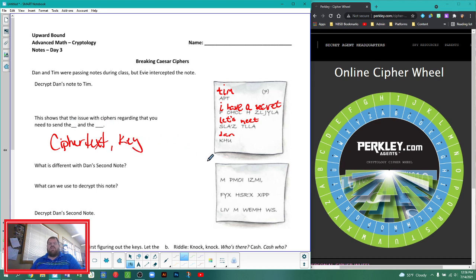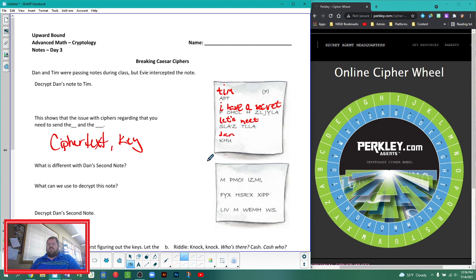Okay, that would go in these 2 blanks. So somehow, in order to send a message and for your buddy to understand what the message says, they need both the ciphertext and the key.